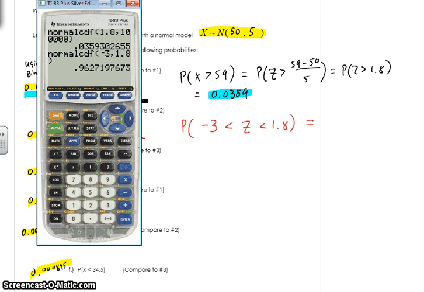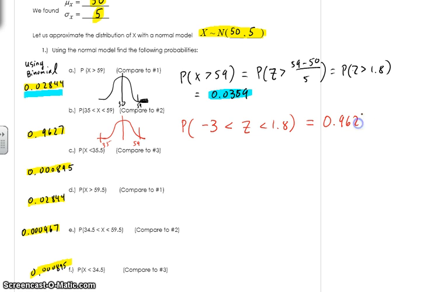And I get 0.9627. Actually, I messed that up. This is not the correct thing we got for the binomial model. For the binomial model, we got 0.97066. So when we use the binomial model, we got about 97%. When we use the normal model, we get about 96%. Pretty darn close. The rest of these, we're going to do the exact same way. We're going to find a z-score, or multiple z-scores, and we're going to use normal CDF to find the probability. So I'm going to stop it now. I'm going to write the answers, and then we're going to do the comparison.